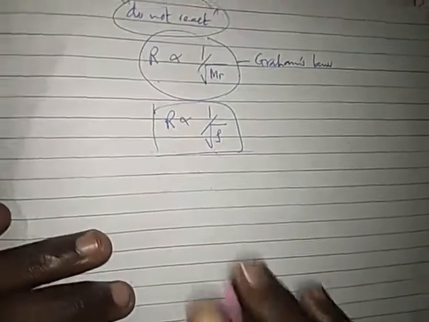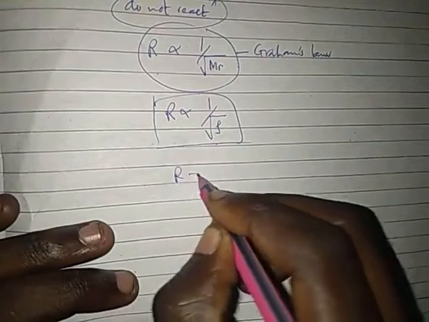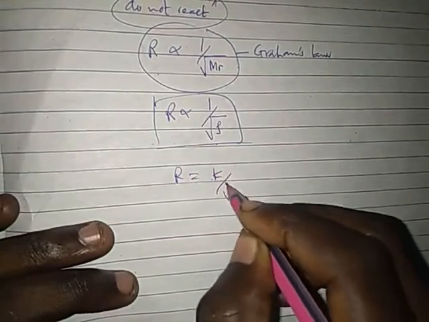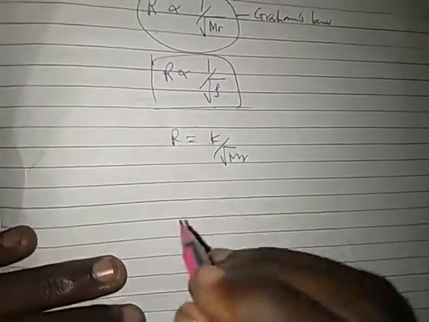So from Graham's law, R will be equal to K divided by square root of molar mass.